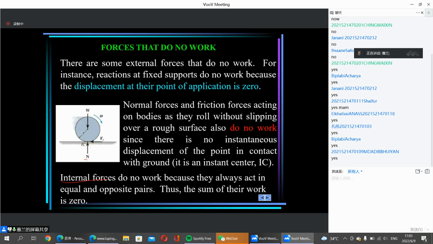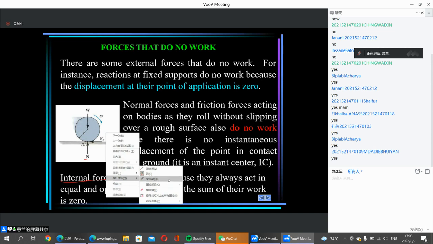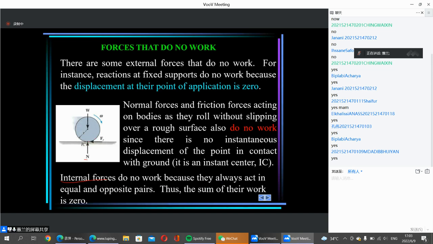It means the contact point is the IC, right?